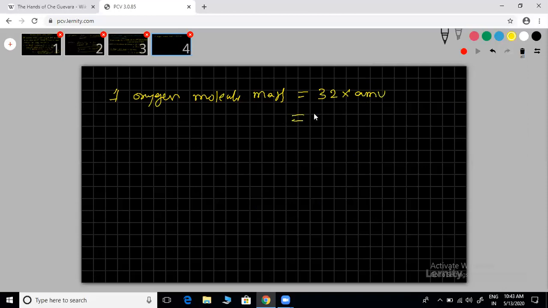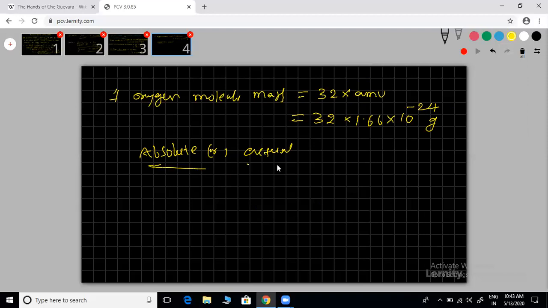So I can write here 32 into 1.66 into 10 power minus 24 grams. This is what we call the absolute or actual mass of an atom of an element, for example the absolute mass of an atom of oxygen.